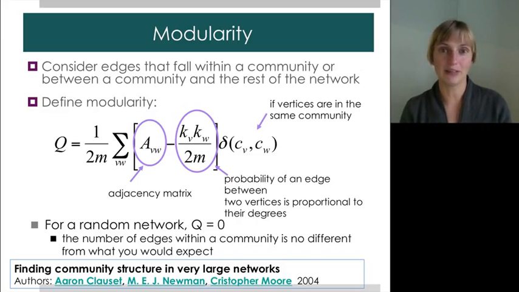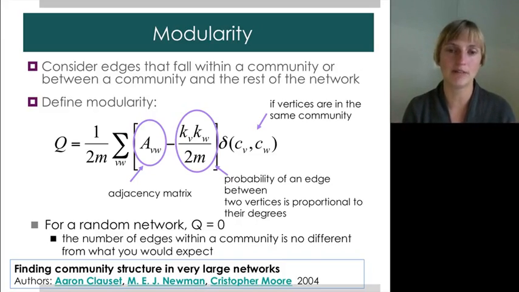The higher their degree, if they're two really large hubs, there's a relatively higher likelihood that they'll be linking together than if they each have degree 1. And so that's just what we're doing. We're looking at the actual number of links within the community versus how many links you would expect based on the degree of those nodes that have been assigned to the same community.